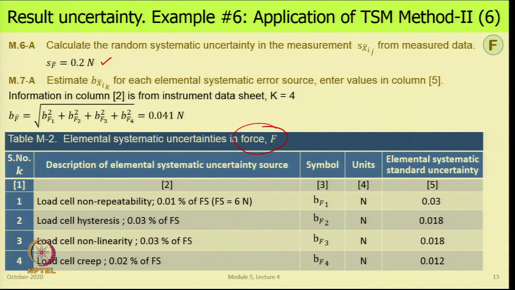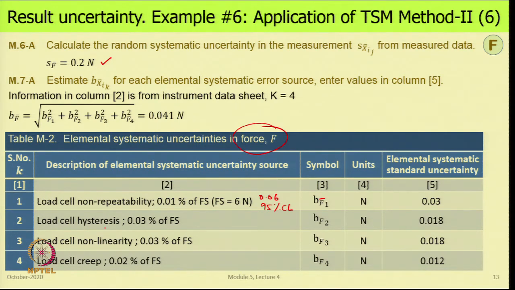If we had another instrument which was of 10 newtons range, this would have been 10. So, at 6 newtons, which is the closest that it captures 4.7 newtons, we get this is 0.06 and at 95% confidence level this becomes half of this. So, the elemental systematic standard uncertainty in force due to accuracy non-repeatability is 0.03 newtons.